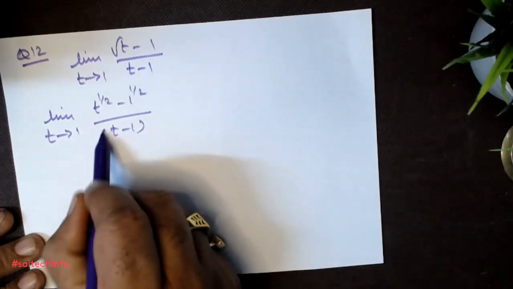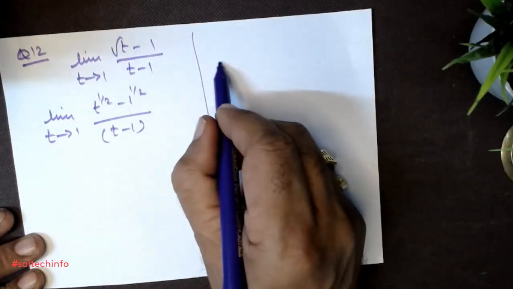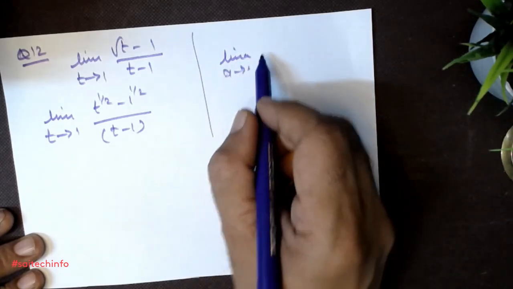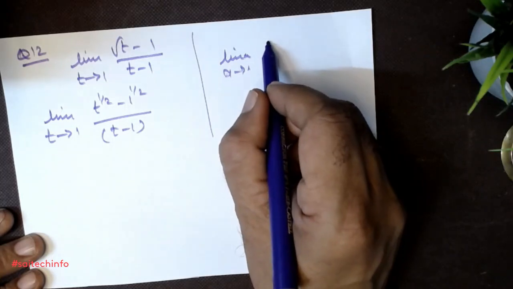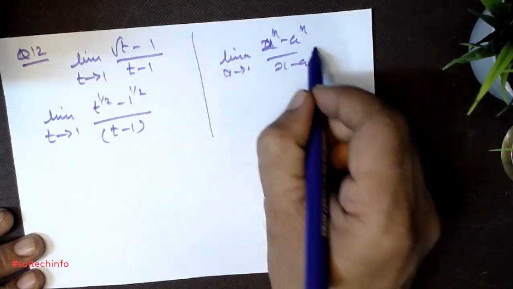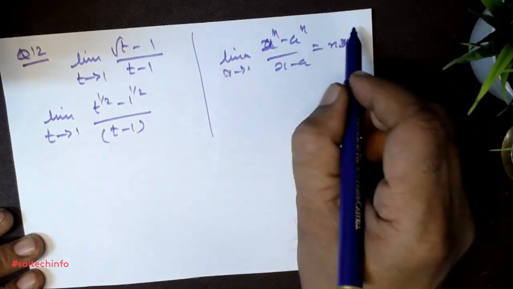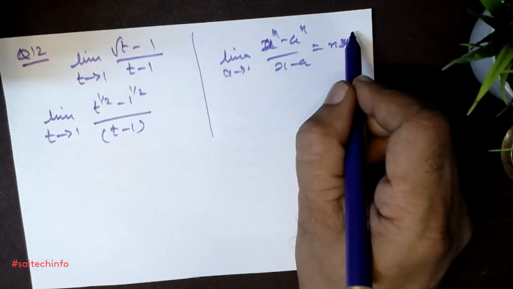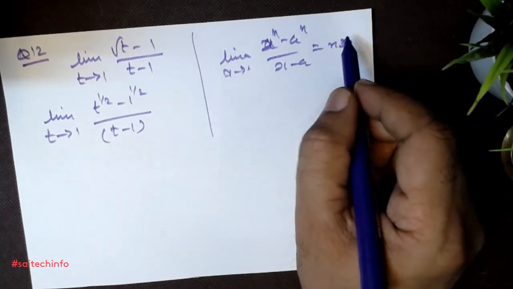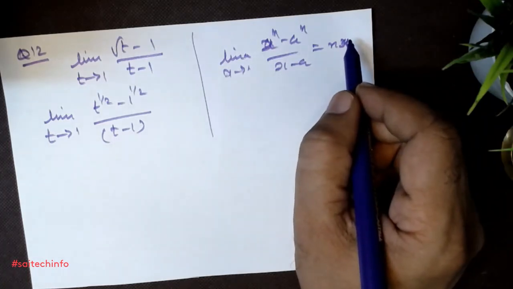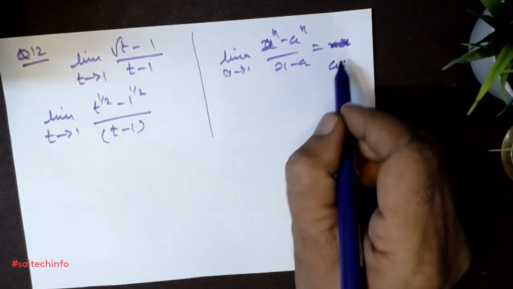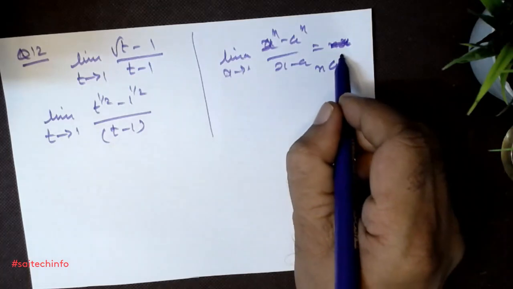So t minus 1. So this is similar to the formula, limit x tends to a, x power n minus a power n divided by x minus a is equal to n into a power n minus 1.